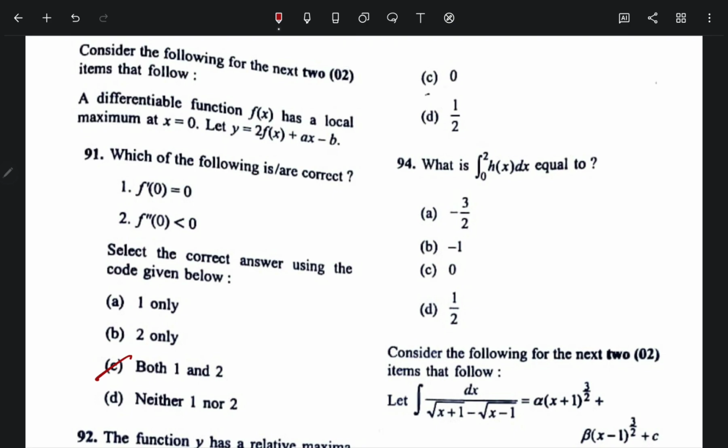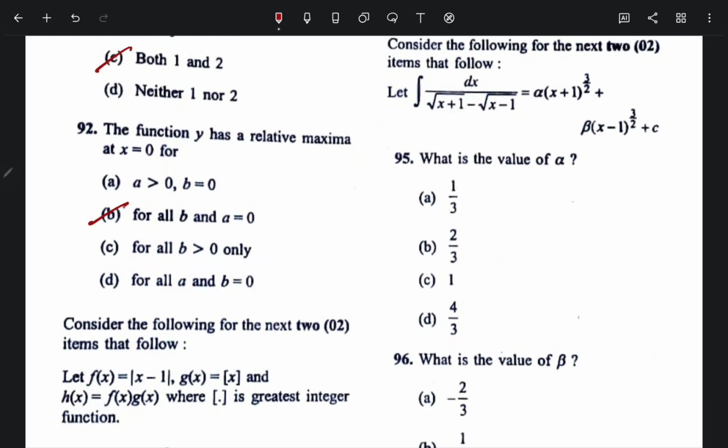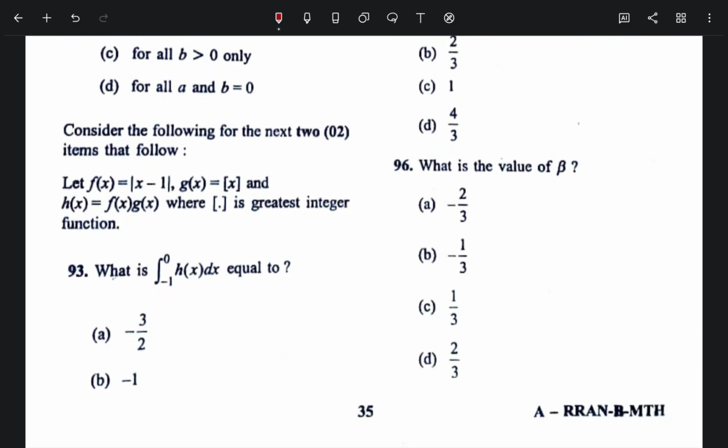Again you have to differentiate and apply the values of 0 and 0. It's easy to find. And for 92, it is going to be B, relative maxima at x equal to 0. You'll find that it will have a maxima for all B and at a equal to 0.